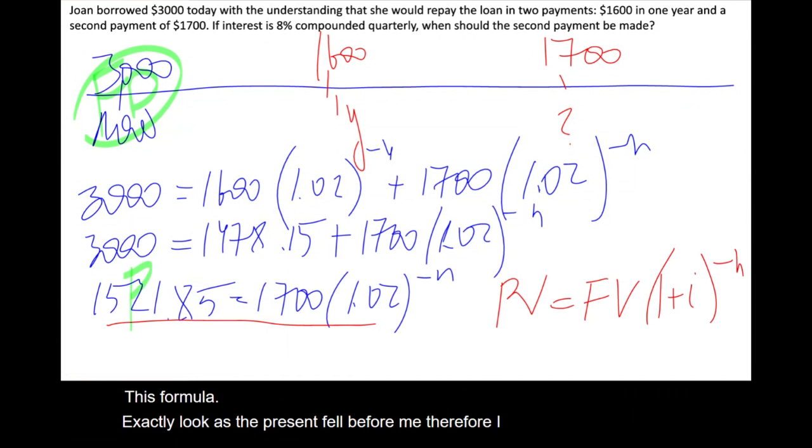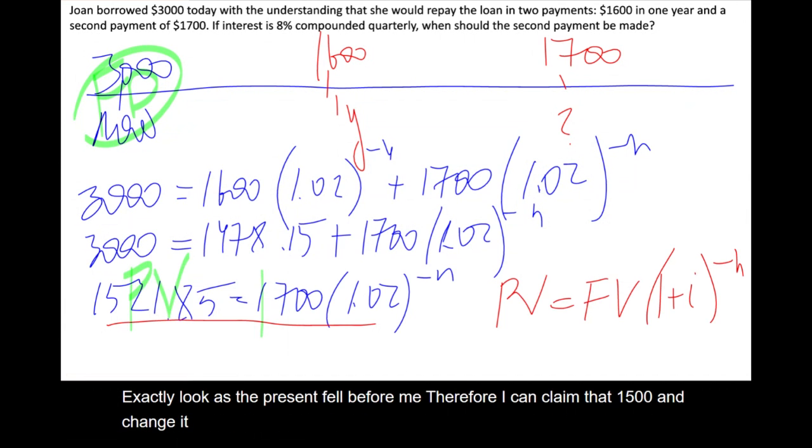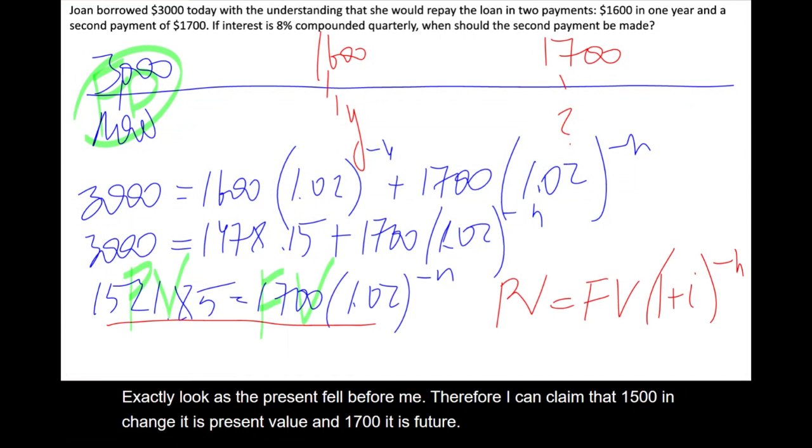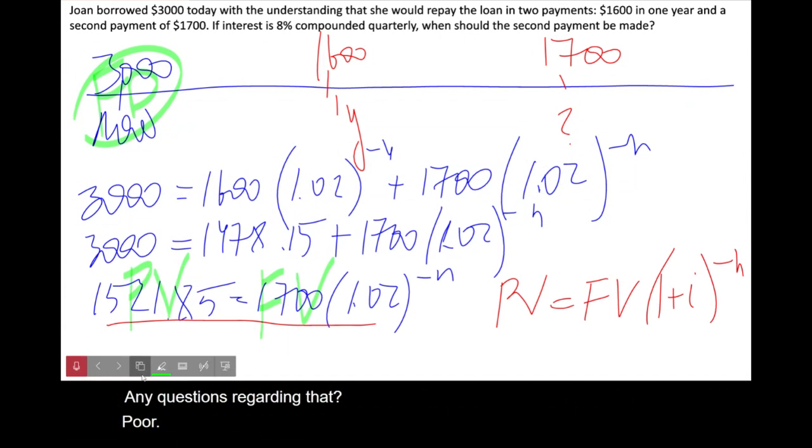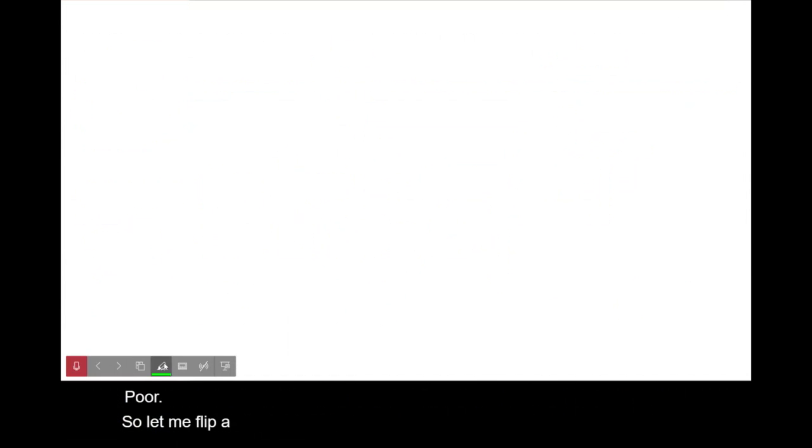Therefore, I can claim that 1,500 and change is the present value, and 1,700 is the future value. Any questions regarding that point? No. So let me flip a page so we can continue, and we can go and find n right away.